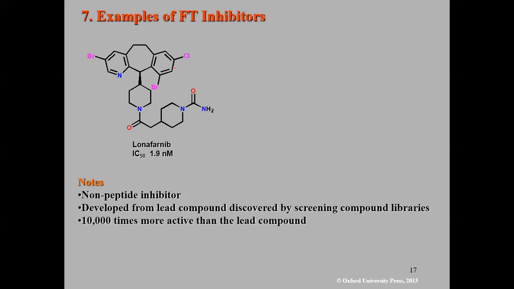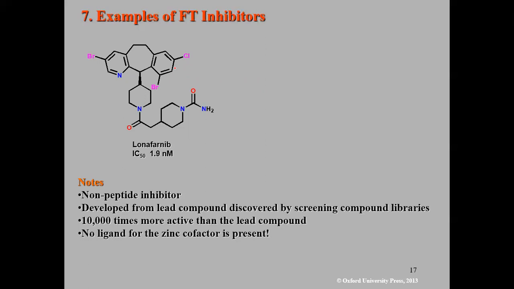Lonafarnib is 10,000 times more active than the lead compound. So if lonafarnib is 10,000 times more active than the lead compound, and its IC50 is 1.9 nanomolar, what is the IC50 for the lead compound? I will leave you that.